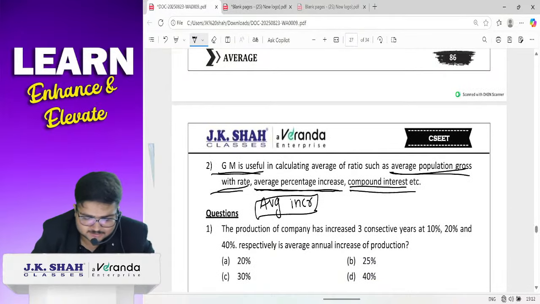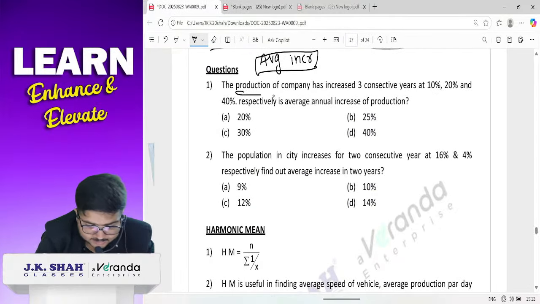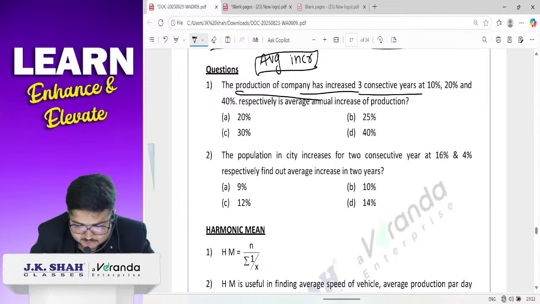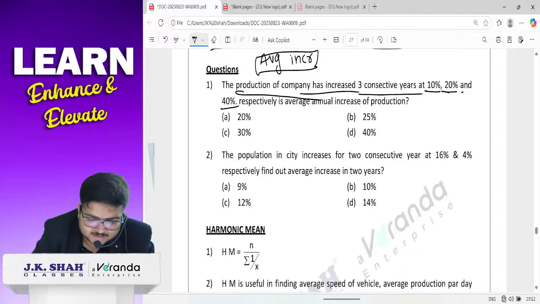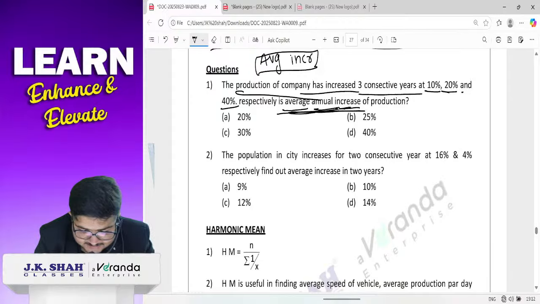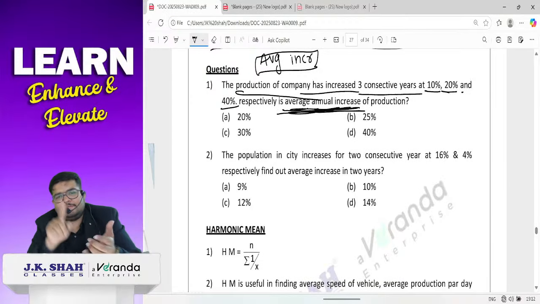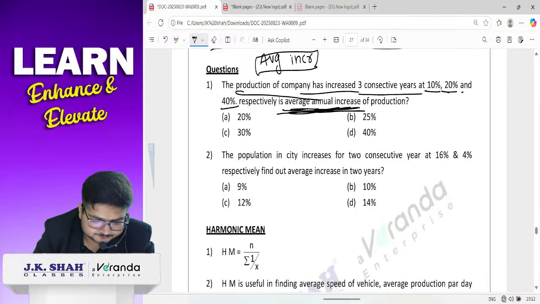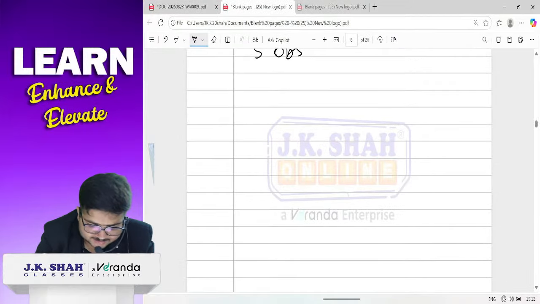Let us do the sums. The production of the company increases for 3 consecutive years as 10%, 20% and 40%. There are 3 observations. You have to find the average annual increase. See, average and increase, if they come together, you have to use geometric mean. So there are 3 observations, 10, 20, 40.